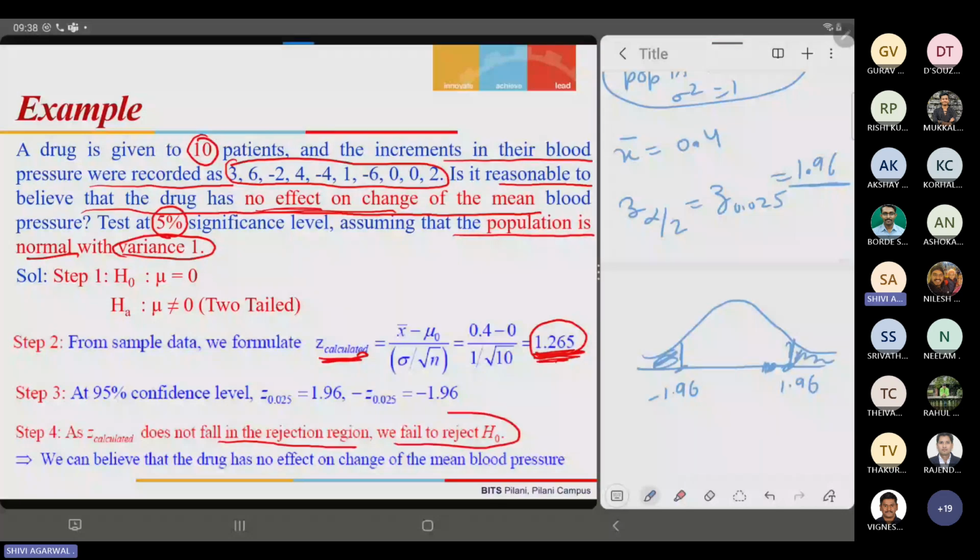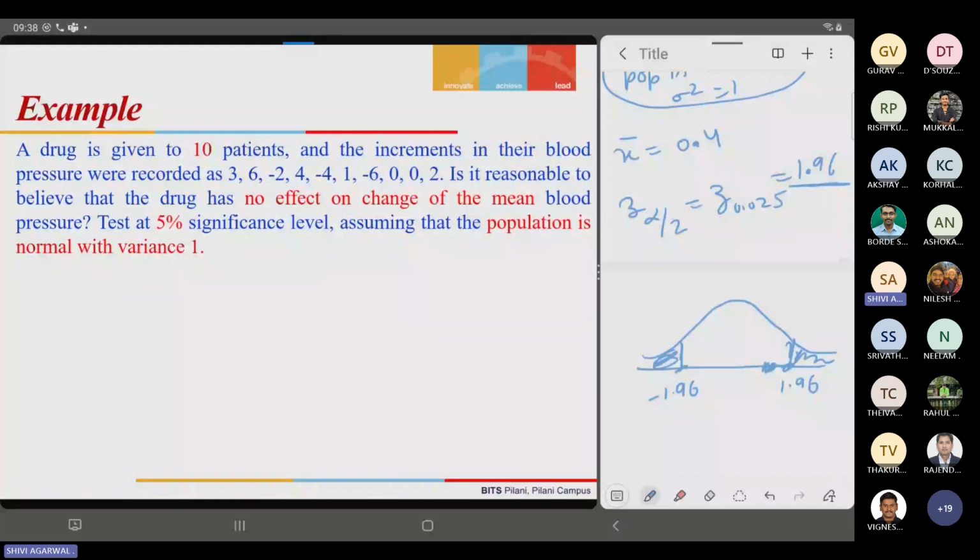Okay. So we can believe that there is no effect on change in the blood pressure. That mu is equal to 0, no change. Enough? Got it?